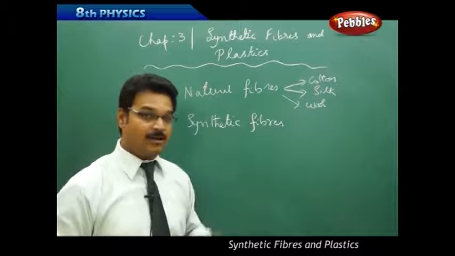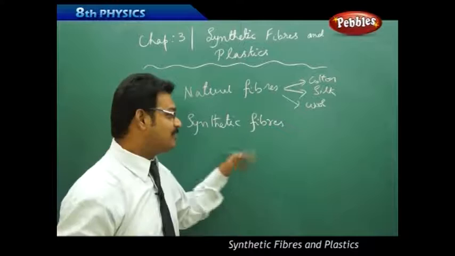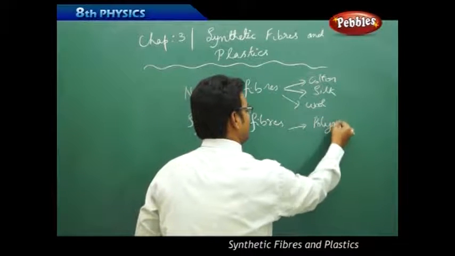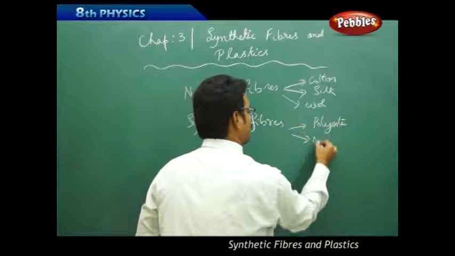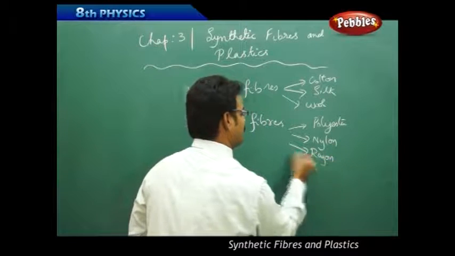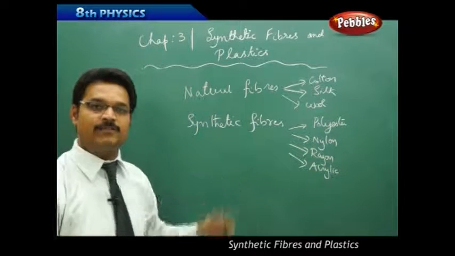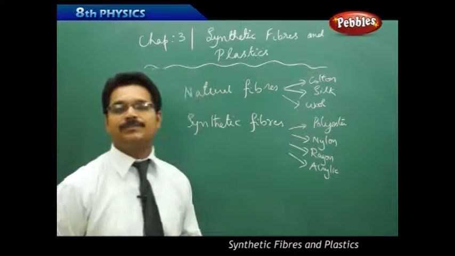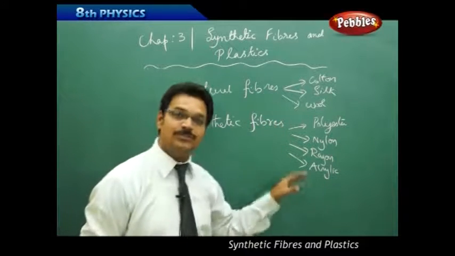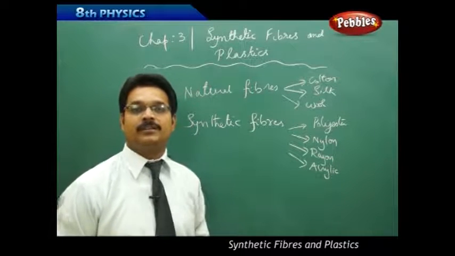Synthetic fibers are not created from plants. They are not coming from animals. They are artificially created. For example, polyester, nylon, rayon, acrylic, terracotta, terrywool, all of these come under synthetic fibers. Synthetic fibers are not only used for making clothes, they have very wide applications in industry.